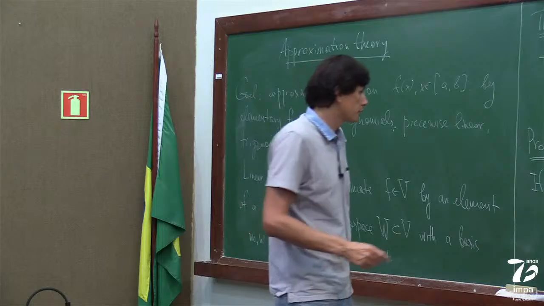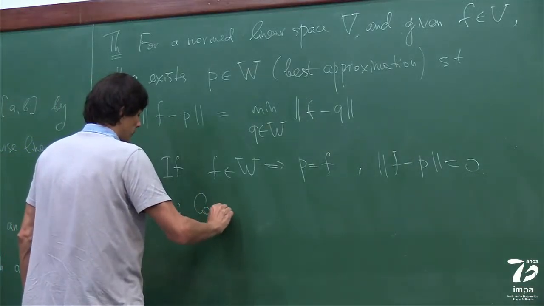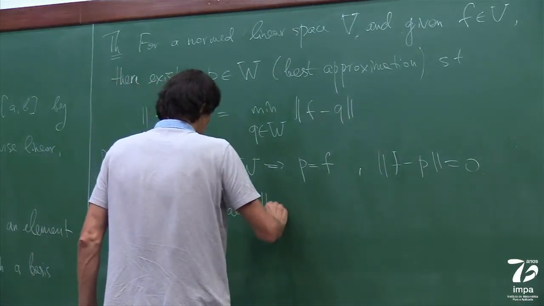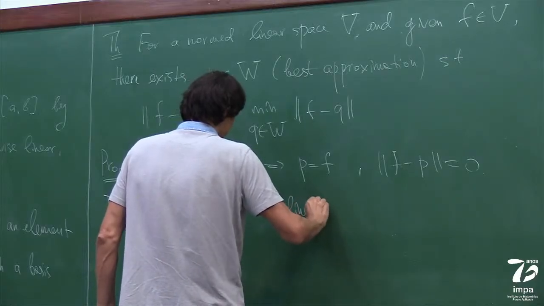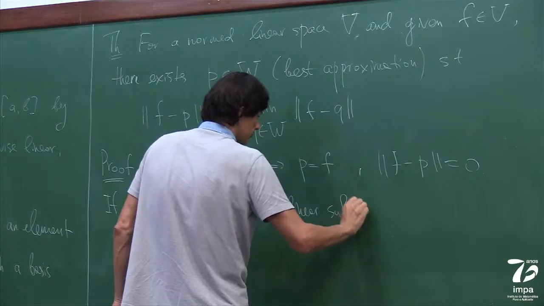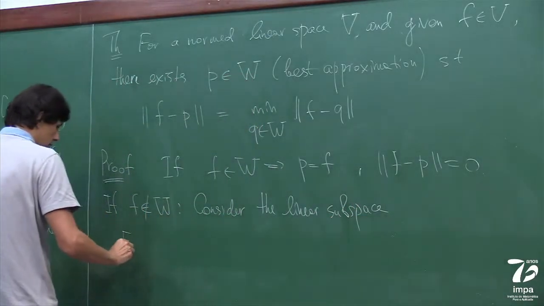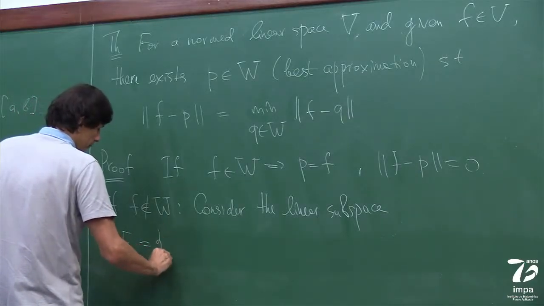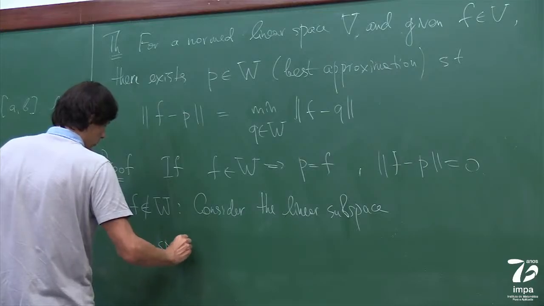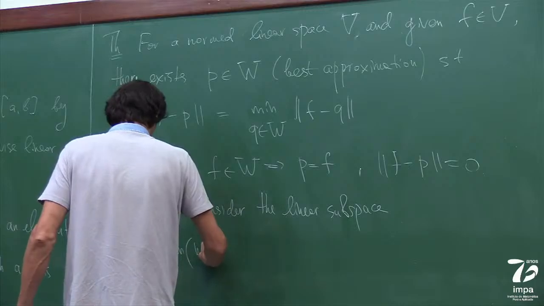Essentially, you consider the linear subspace E, which is spanned by all linear combinations of the same vectors as before.